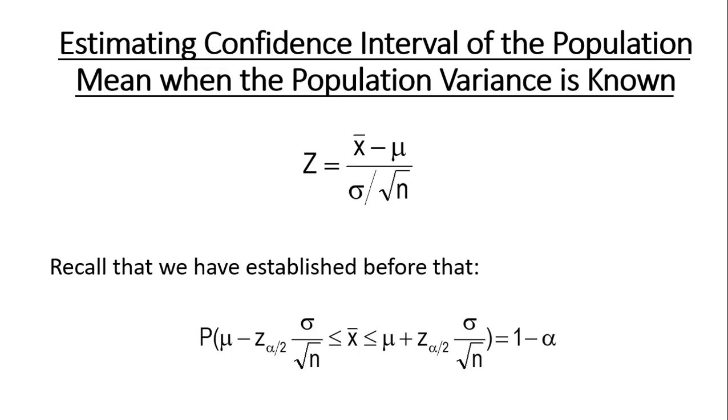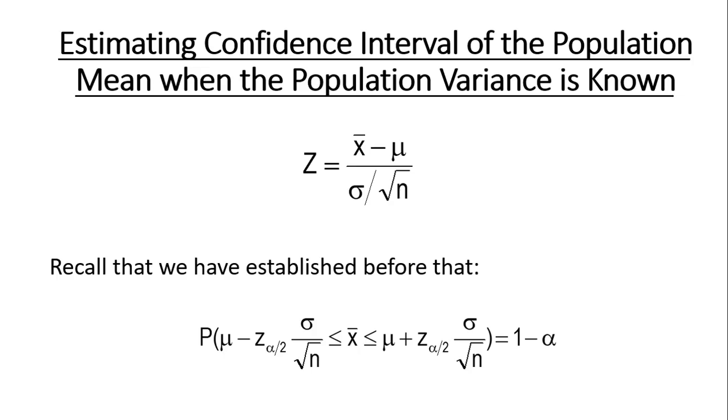Both are estimating the population mean. If you want to estimate the population mean, what you have to do is make mu the subject of the formula. That's the essence. We want to make mu the subject of the formula, and that is our goal.